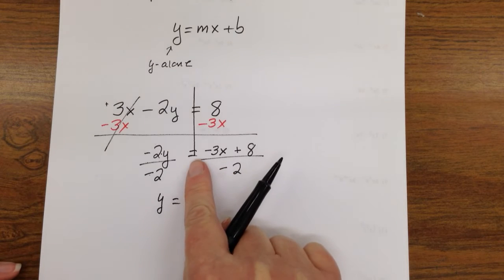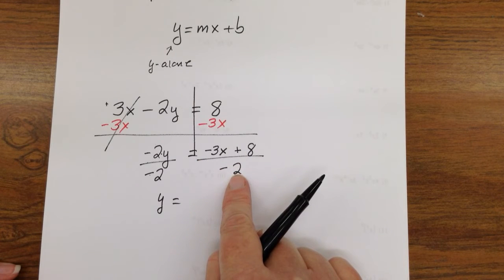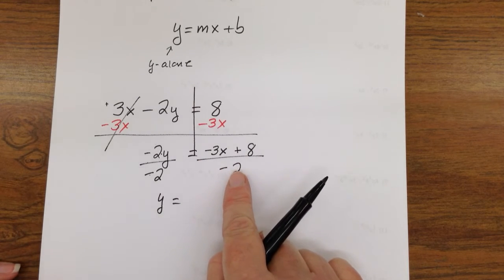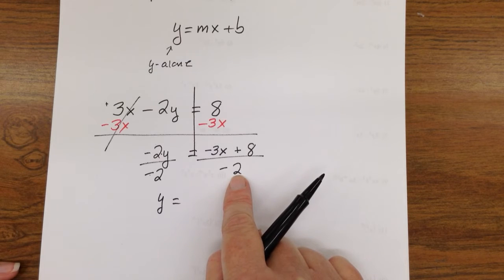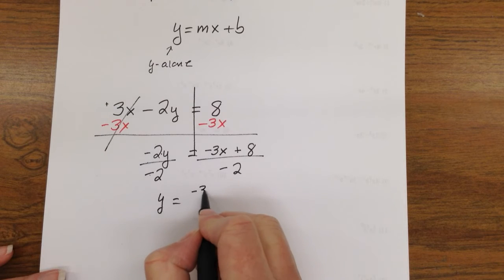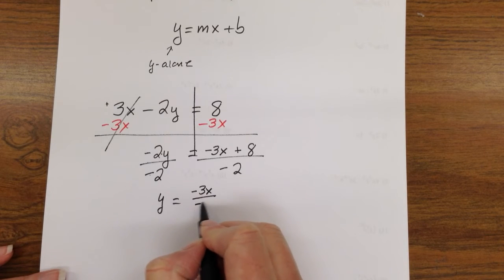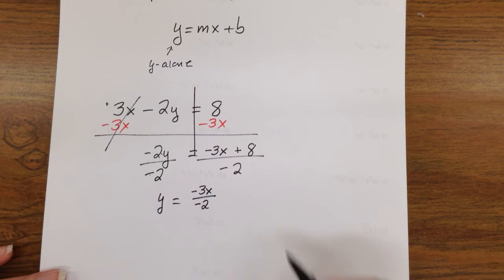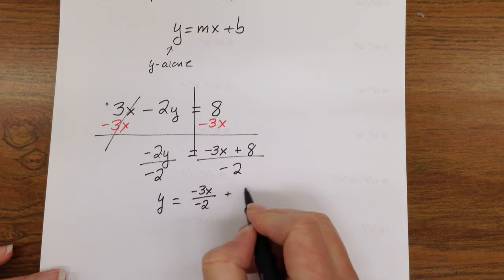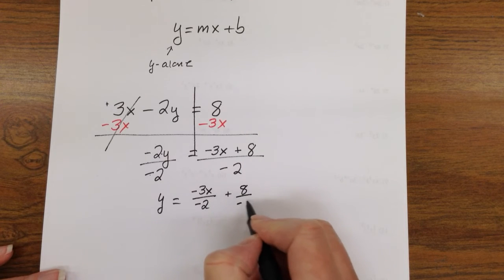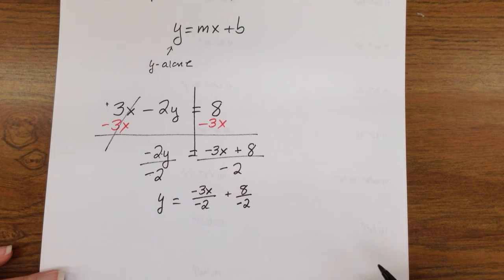Well, you'll notice here that this has a common denominator. We're actually going to undo the fact that they have a common denominator. Check this out. I put negative 3x over its own negative 2, and I put positive 8 over its own negative 2. That just seems crazy. It's totally true.